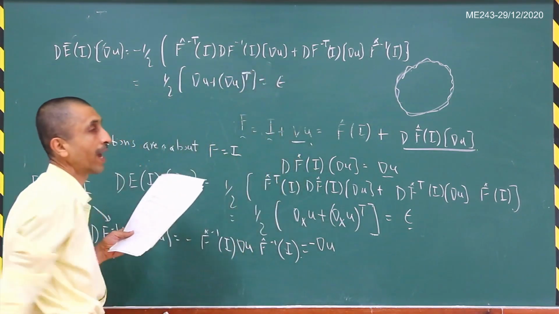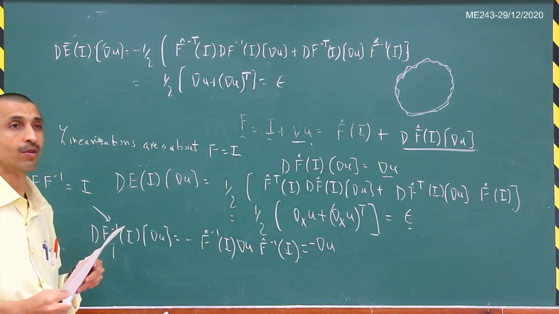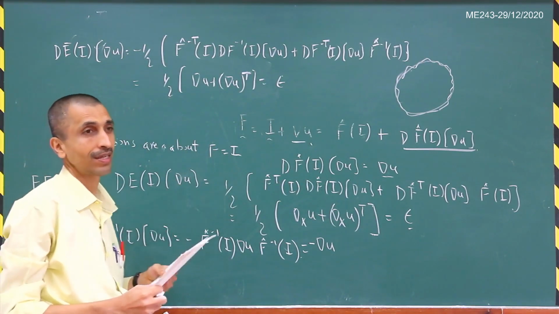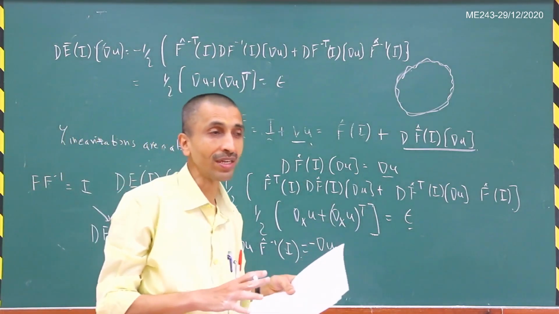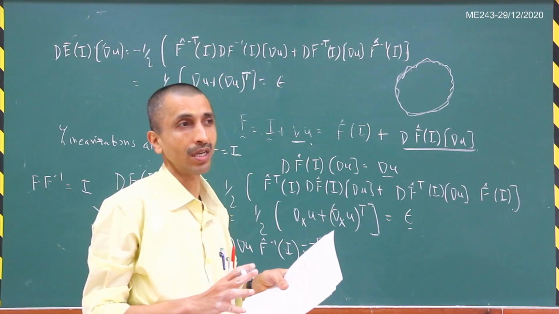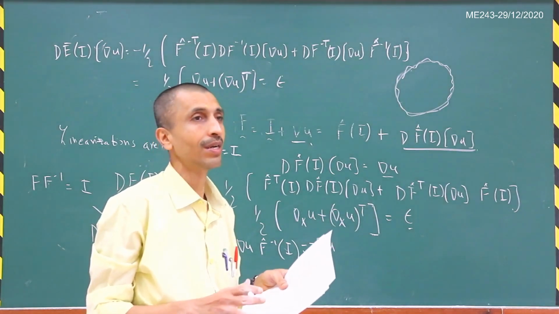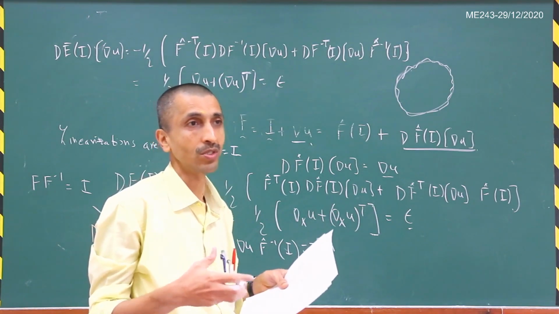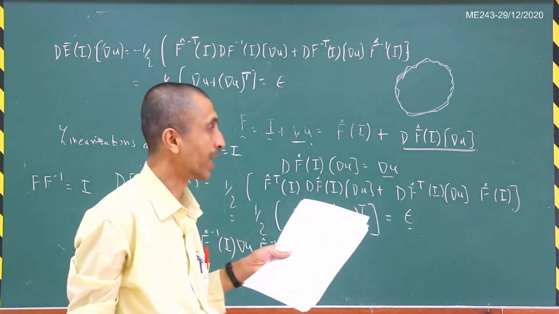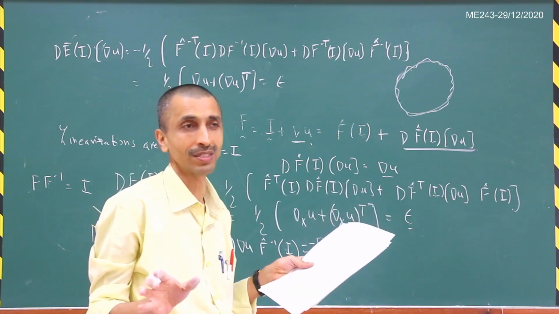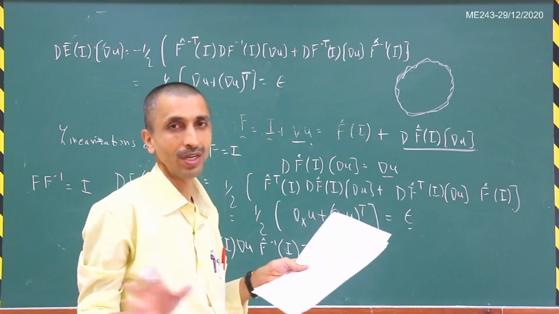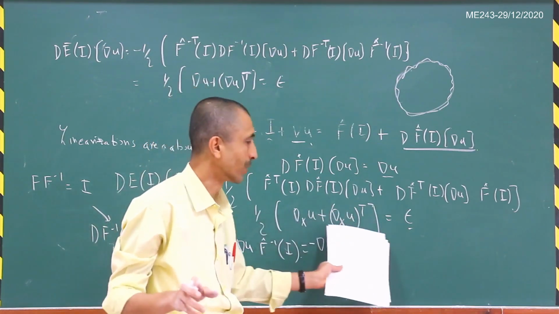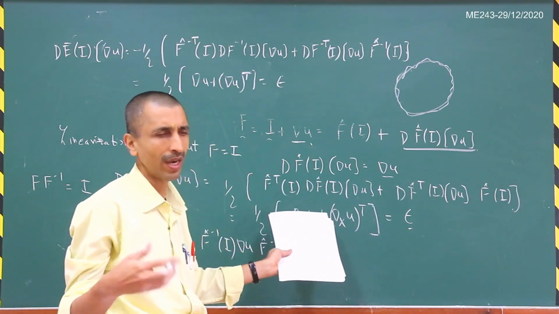So if you recall, I had made this statement when we were studying kinematics that there are an infinite number of strain measures in the nonlinear context, but when you linearize all of these nonlinear strain measures, you get only one strain tensor. So that is why if you take a book on linearized elasticity, typically they will only introduce the linear strain tensor, like books by Timoshenko and Goodier and so on and so forth.